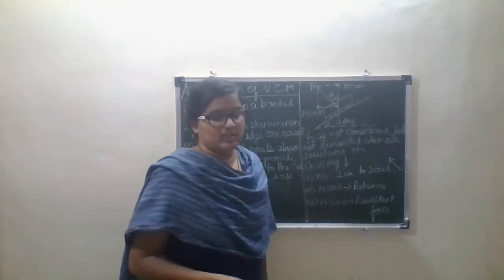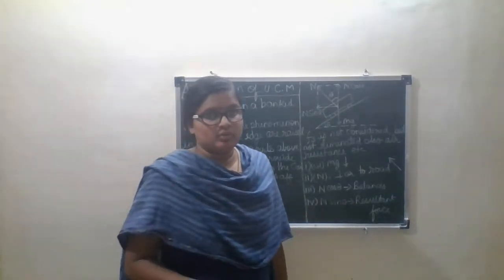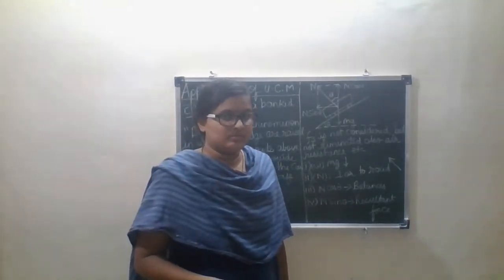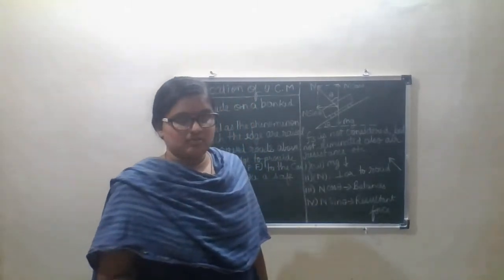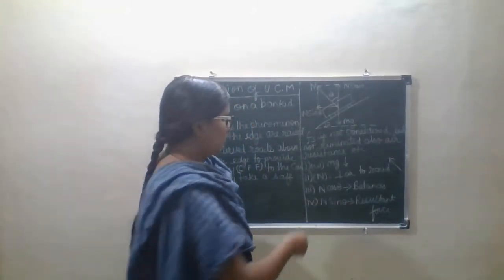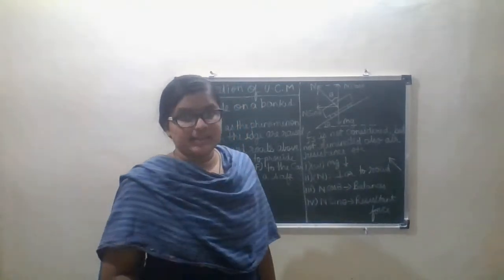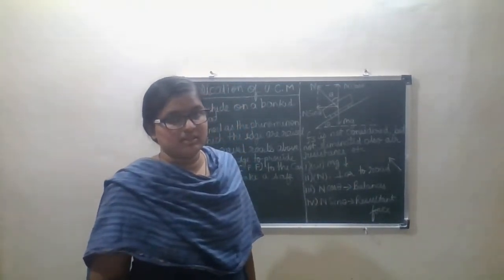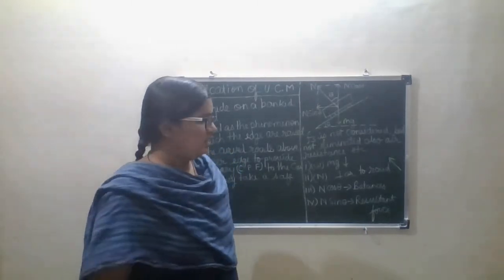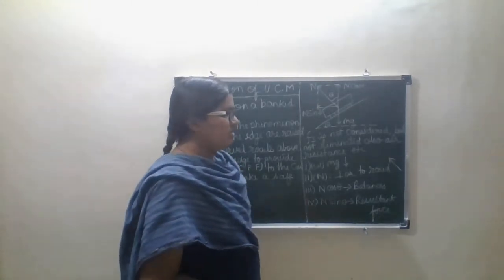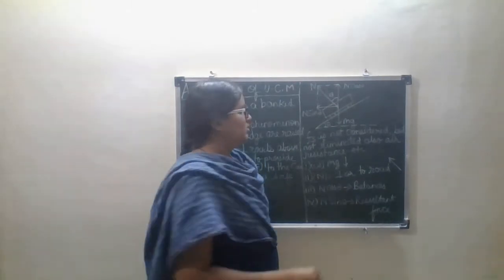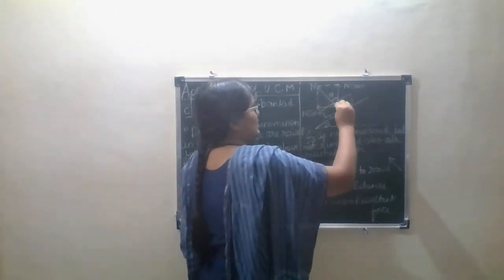First force, as usual, is directed downwards, that is the weight, mg, in the downward direction. Second force is the normal reaction, capital N, which is perpendicular to the road.